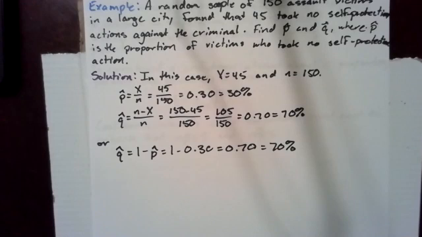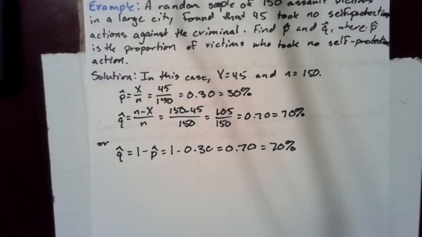For example, a random sample of 150 assault victims in a large city found that 45 took no self-protection actions against the criminal. Find P hat and Q hat, where P hat is the proportion of victims who took no self-protection action. Solution: in this case, X is 45 and N is 150.